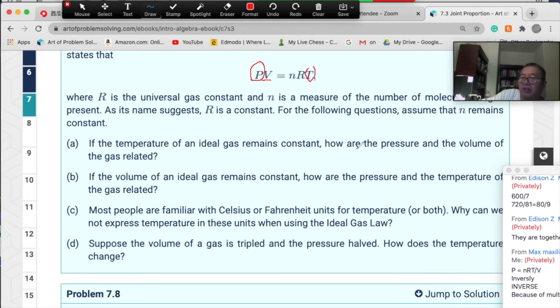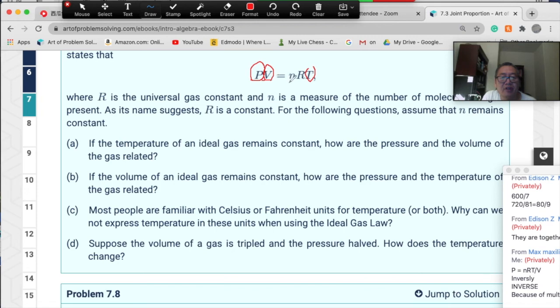Yes, I'm here. What is the relationship between P and T if V is a constant? If volume is constant, V will not change.